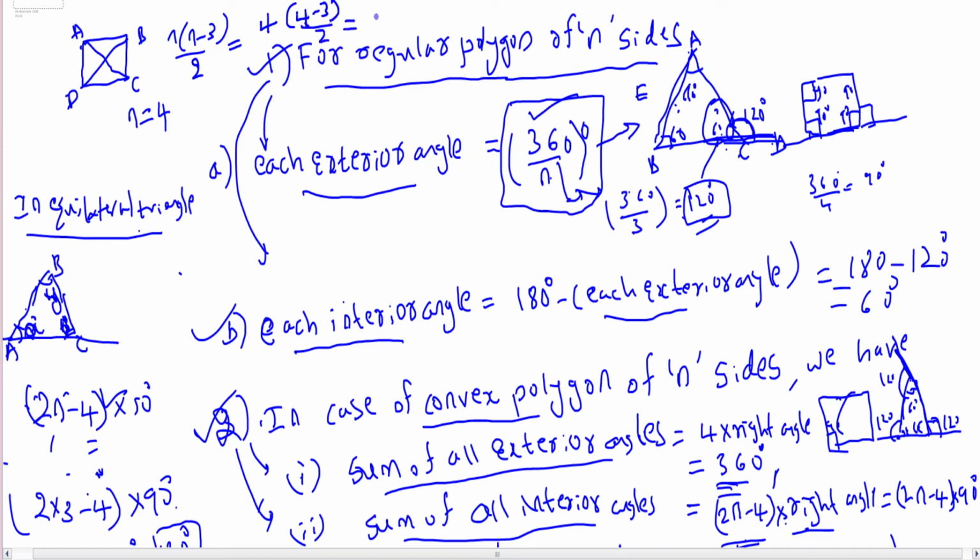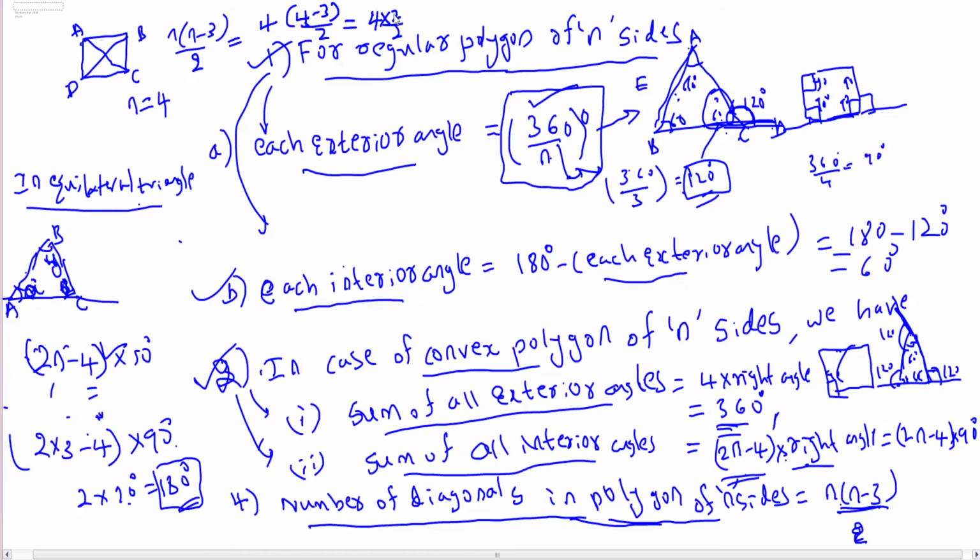Sorry, 4 minus 3 is 1, so 4 into 1 divided by 2, that gives 2. See, the number of diagonals we get in a square is 2. Is it correct? Yes, we agree because we see this figure. The number of diagonals in a polygon is given by n into n minus 3 upon 2.